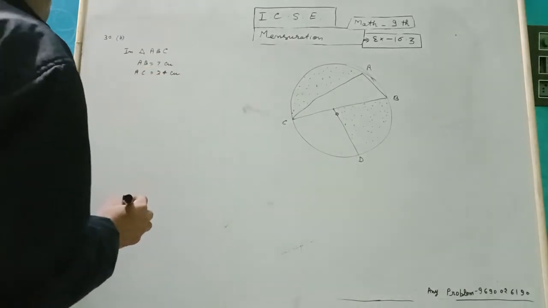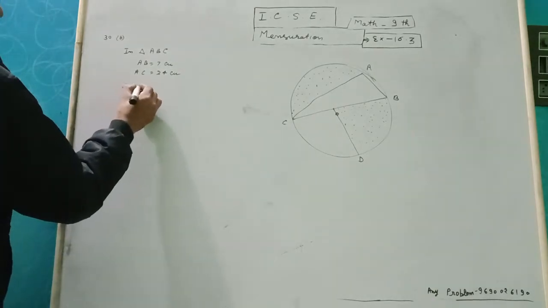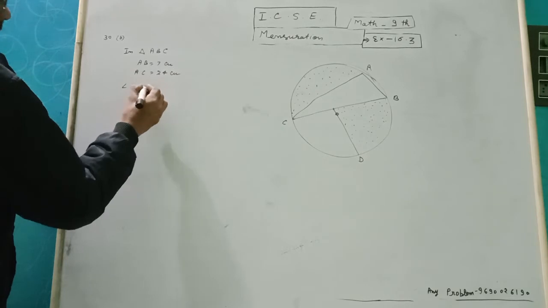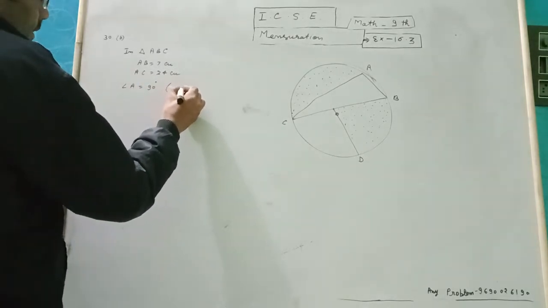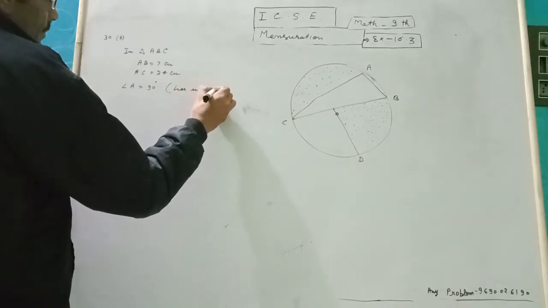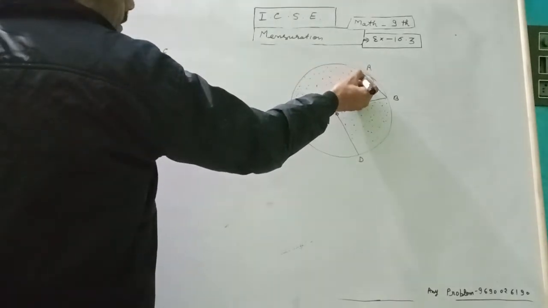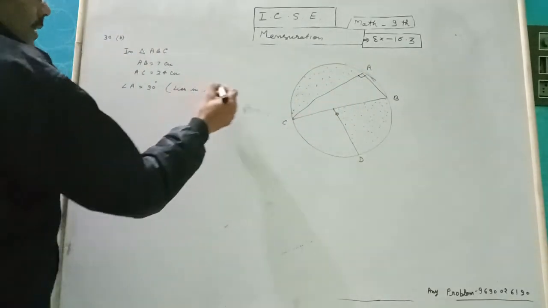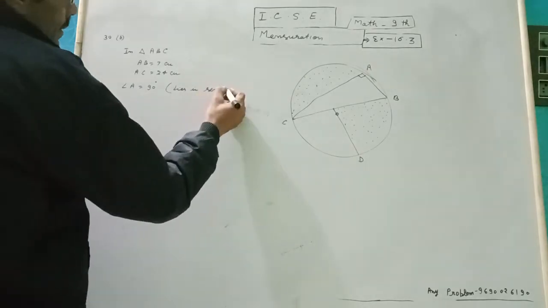That is given in the question. Angle A is equal to 90 degrees, as it lies in a semicircle. A is 90, then AB is perpendicular and AC is base.